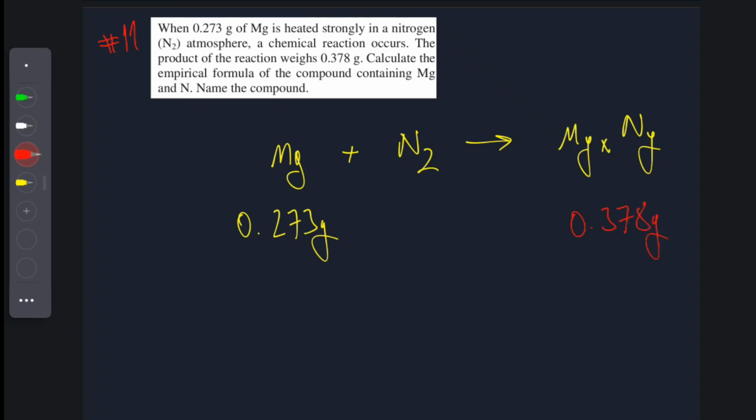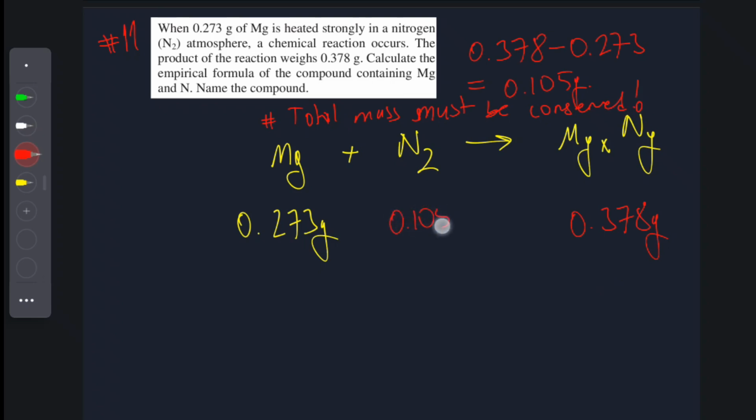And if we subtract 0.378 minus 0.273, it is 0.105 grams, since total mass must be conserved. So nitrogen mass is 0.105 gram.